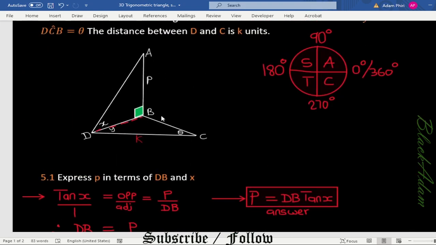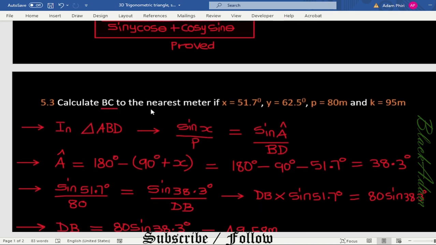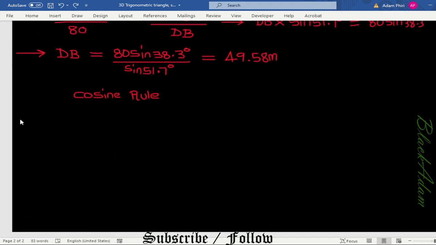So we have dB, and then we are required to find BC, and then we have the angle there, y, and then we know that k value is given, so we're going to use cosine rule. So the cosine rule, BC to the nearest meter.